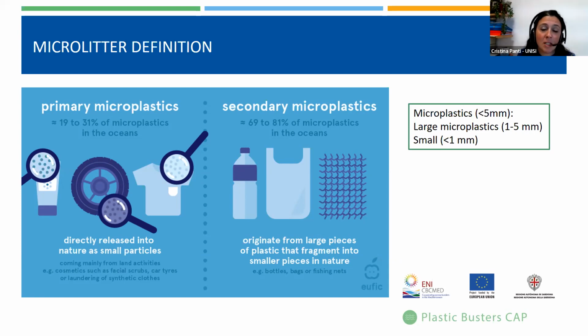Another definition that we should bear in mind is that microplastics can be defined as primary or secondary. Primary if they are directly released to the environment as small particles, as for instance pellets or microbeads, or secondary microplastics, which originate from the breakdown of large plastic items, and they fragment into smaller pieces of plastics with different shapes, colors, and types.